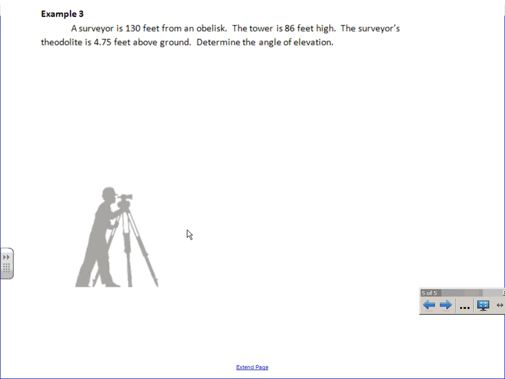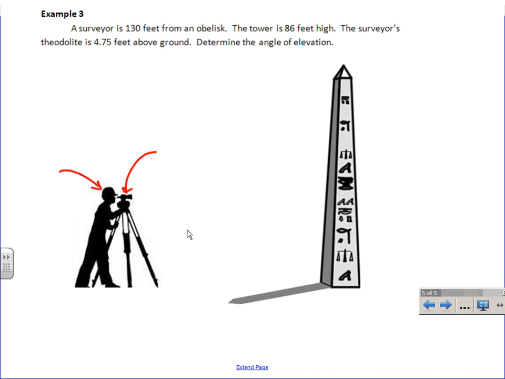I think I have a picture. Yep, there's the guy. There he is. That thing right there is the theodolite. That's the surveyor. There's your obelisk. All right. So we have to be very careful when we draw this picture. We know that the surveyor is 130 feet from it. 130 feet.